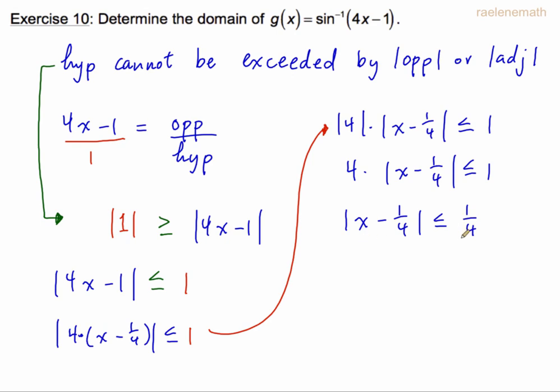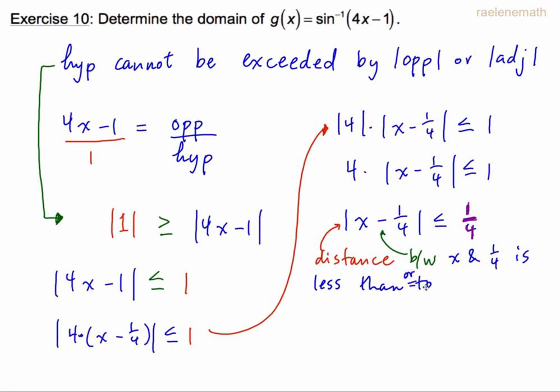And so when I read this verbally, this says that the distance between, so absolute value for distance, and then the word between comes from the subtraction between x and 1/4, is less than or equal to 1/4 spaces. So the purple 1/4 represents a distance.